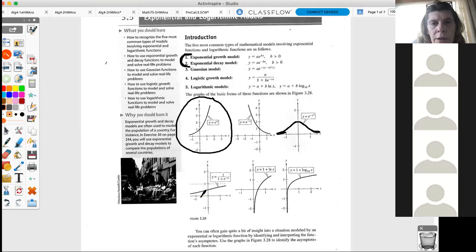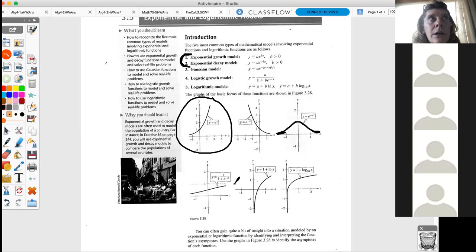This right here, this is the logistic model, and notice you have an asymptote right up here. That would be like, there's a limiting number. It's increasing, some value is increasing, but it's only increasing up to that asymptote. It gets closer and closer and closer to that, but it'll never quite reach it because it's a number that you can't get to.